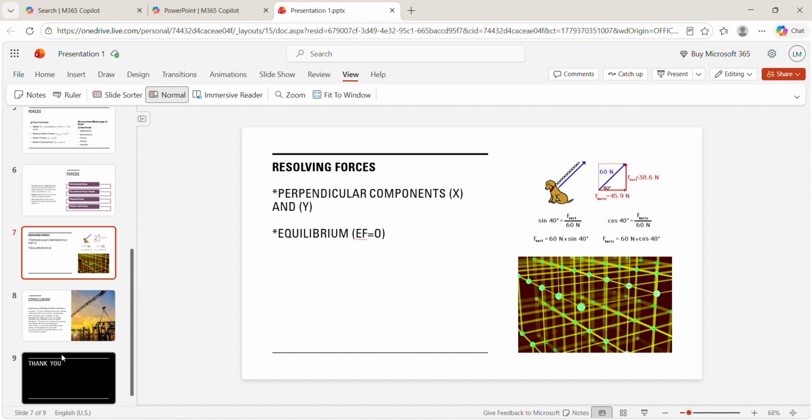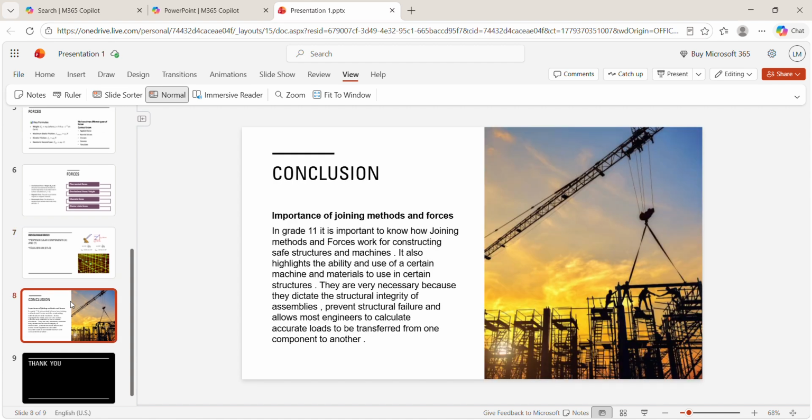So moving forward, in the conclusion of what is given on the slide, the importance of joining methods and forces in grade 11: it is important to know how joining methods and forces work for constructing safe structures and machines.